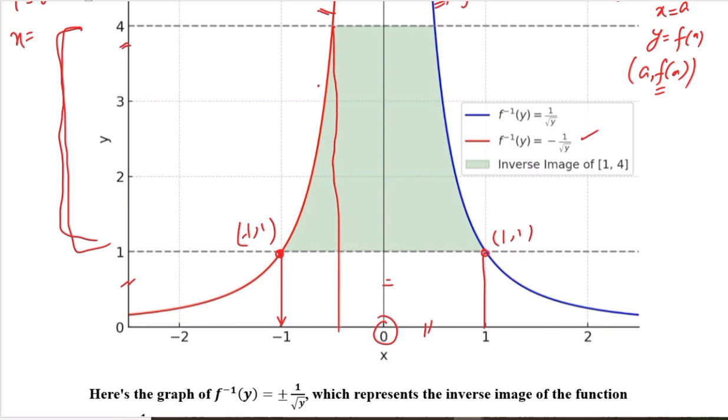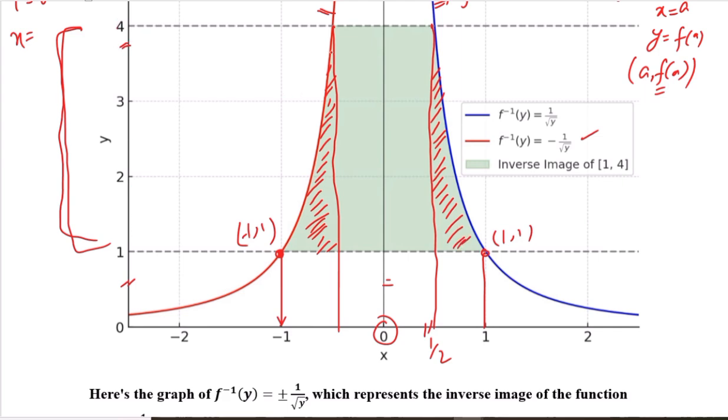So this area represents the first part of the inverse image, and this area, that is from 1 by 2 to plus 1, represents the second part of the inverse image when your y lies between 1 to 4.